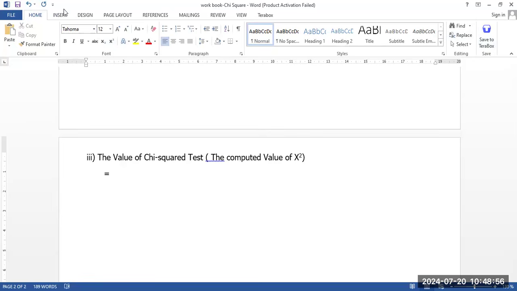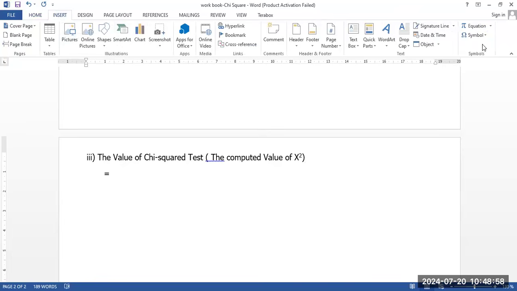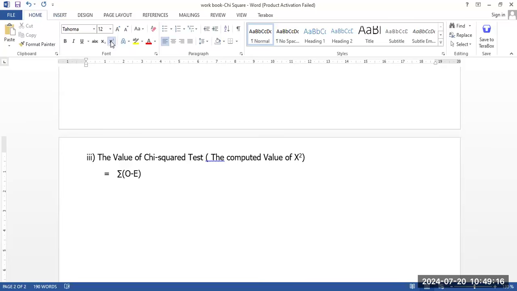Sum of observed minus expected value, then squared. This should be squared. Then everything you get, you divide by expected value.